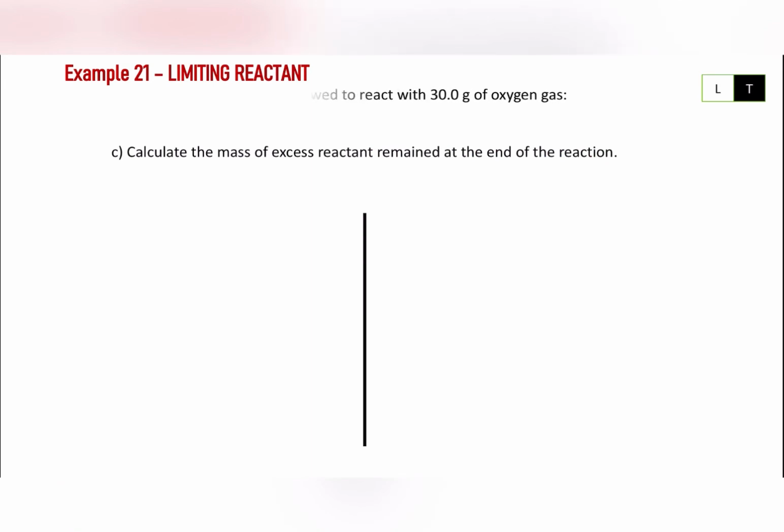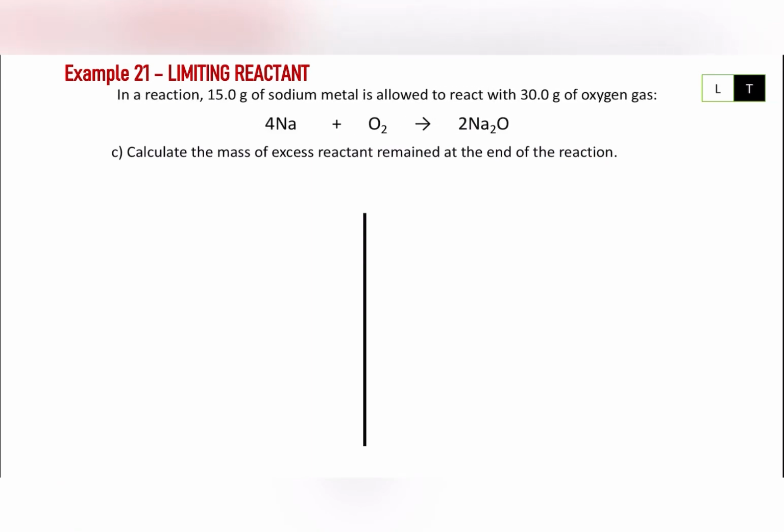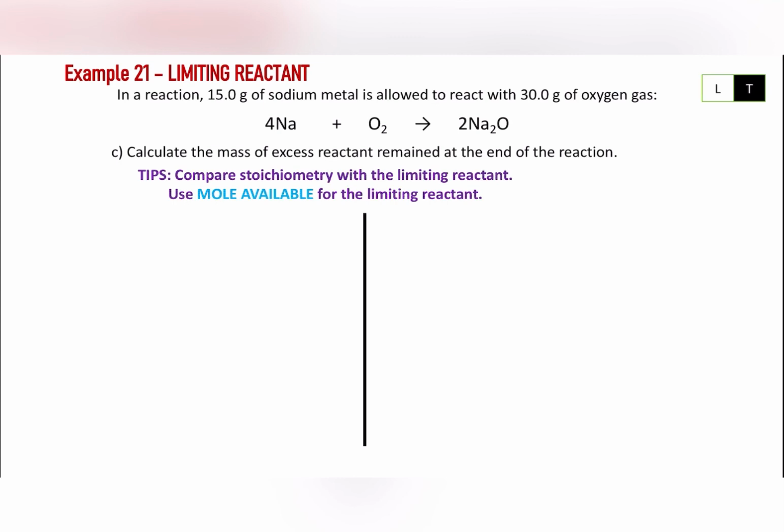Let's continue with question C. I need to calculate the mass of excess reactant remain at the end of the reaction. So the same tips given, always compare with the limiting reactant. So from my previous question, I have O2 is an excess reactant. So you can see from here, this is mole available for O2.